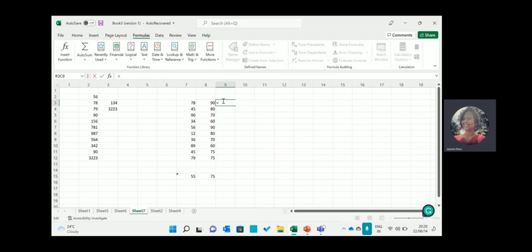Excel equals to, I will open bracket, I will do this, and then what I will do is minus this, right? So then you can get the number.